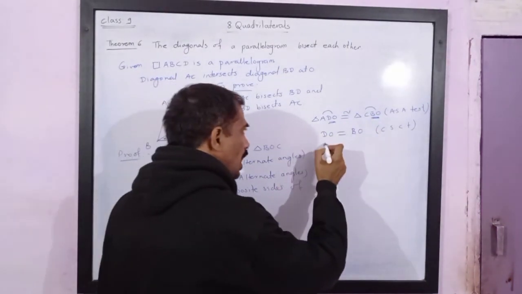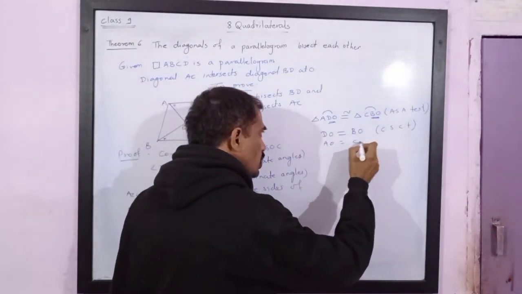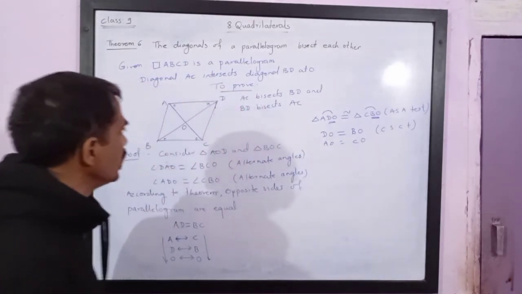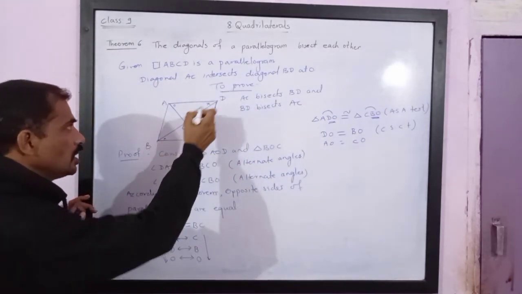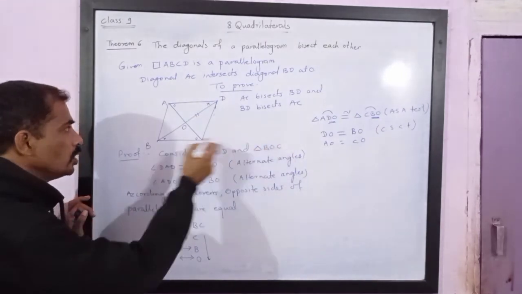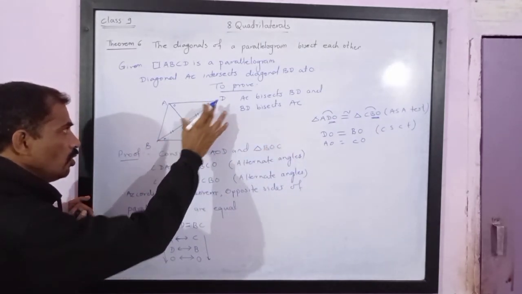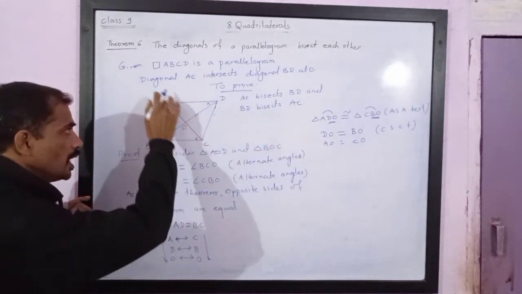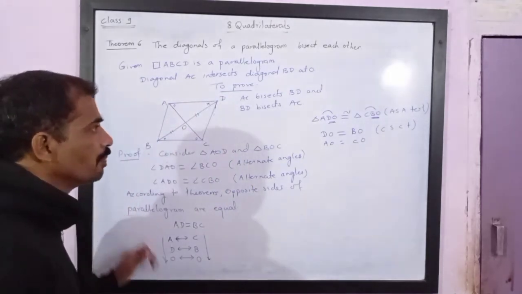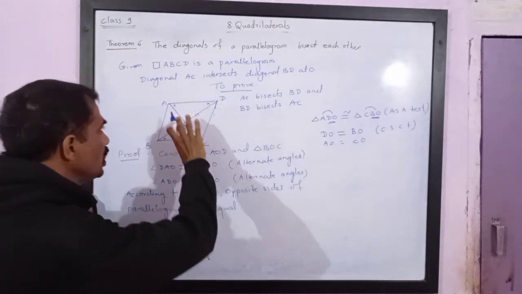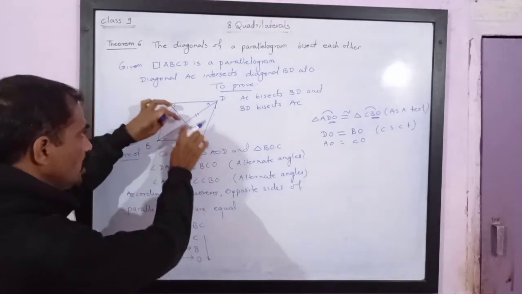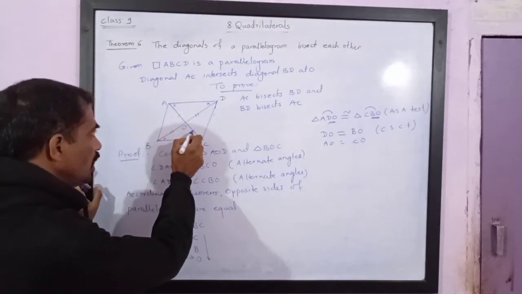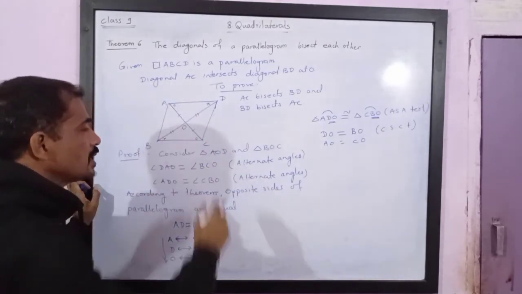It means AO is equal to CO. Now watch carefully. We have got DO is equal to BO, that is this side. It means AC bisects BD, and AO is equal to CO. These two parts are equal. It means BD bisects AC.